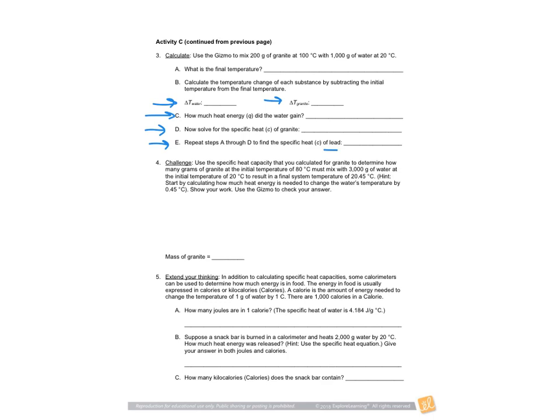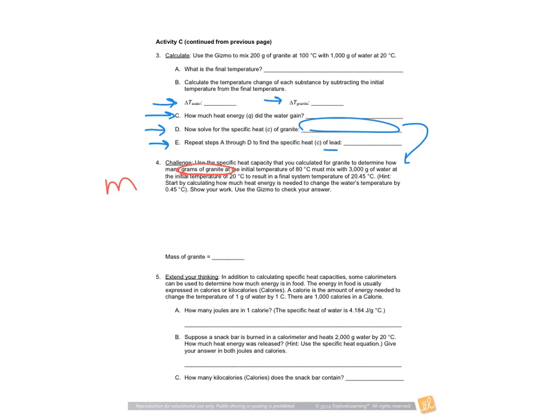Number 4 is a challenge question. It asks you to use the specific heat capacity you just calculated for granite, so you'll use whatever answer you got in number 3 to help you with this one, to determine how many grams of granite. So we're solving for mass this time. We're given an initial temperature of 80 degrees Celsius for the granite. It's mixing with 3,000 grams of water at an initial temperature of 20 degrees Celsius.